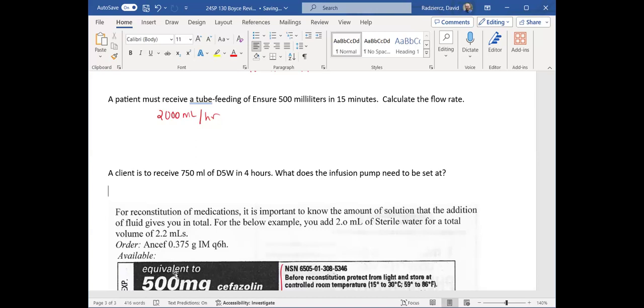I'm seeing it consistently. Now, I said you may not like this answer. I think they'll clean these answers up when you actually have your test, so you won't have to worry about a decimal answer where you're thinking, should I round that to 188? It might be most accurate in a clinical setting that you would set that to 188 or even 190 mil per hour. You may not even be able to set it incrementally by ones.